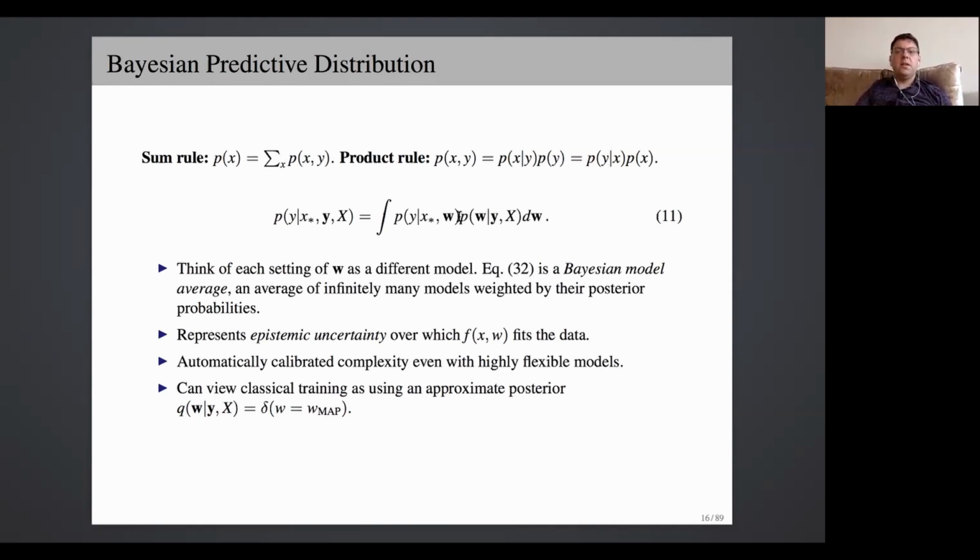We can also see that this Bayesian approach is going to be most different from a classical approach when the posterior is not very concentrated around a single setting of parameters, or when the conditional predictive distribution, p of y given w, is changing quite a lot for different settings of w where the posterior has mass.